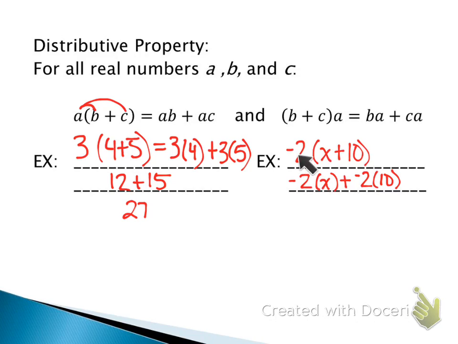So again, what was out in front got multiplied to both things inside. And we can clean it up a little bit. We can write this as negative 2x plus negative times a positive is a negative 20. Or instead of writing it as adding a negative, you can just write it as subtraction. So any of these would be acceptable, the bottom one being the one we'll see most often.